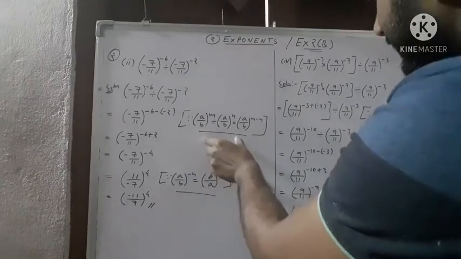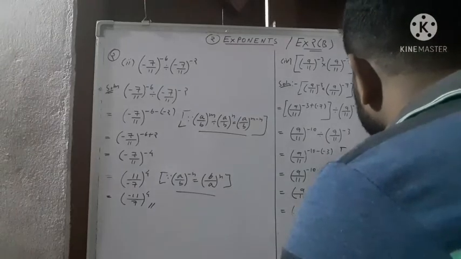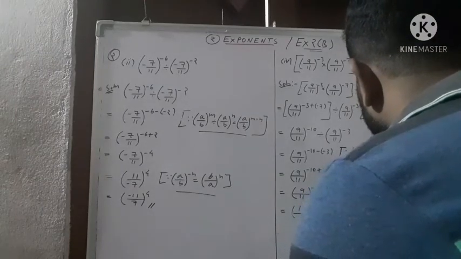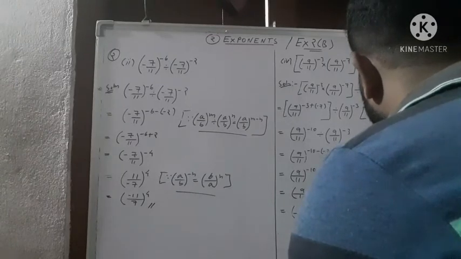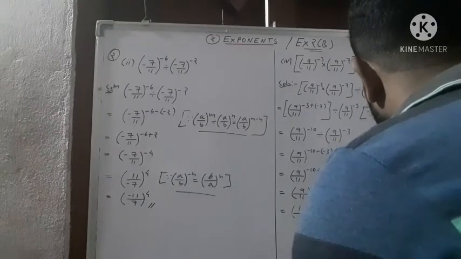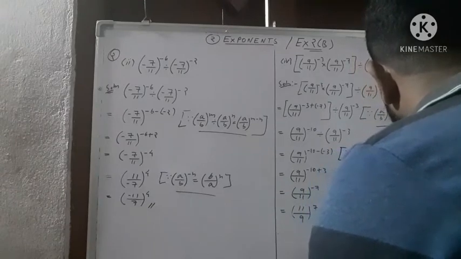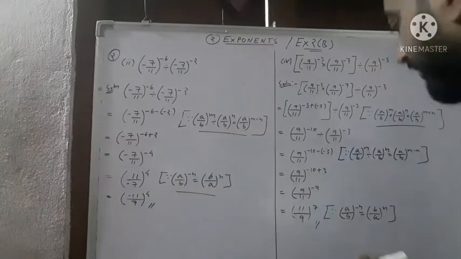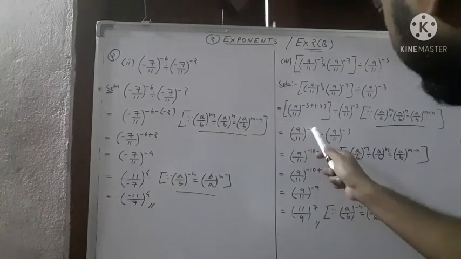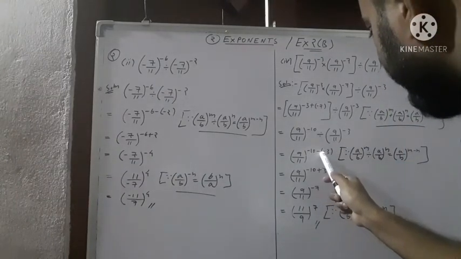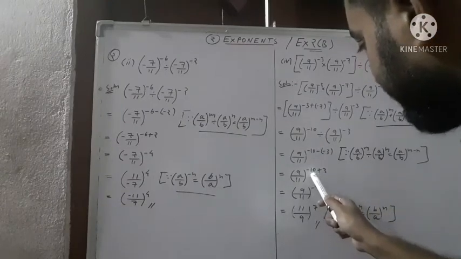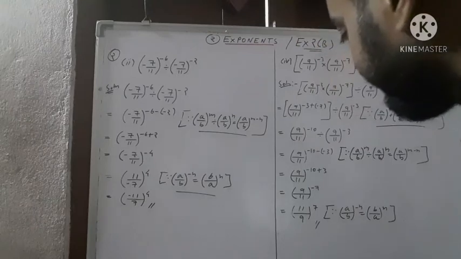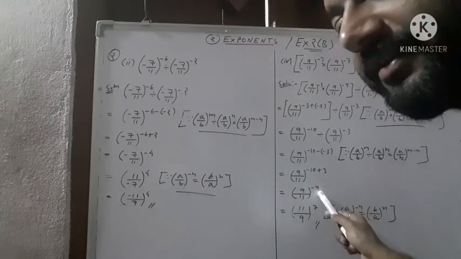We will be using this law: a by b whole power m divided by a by b whole power n equals a by b whole power m minus n. So we subtract the powers, that is minus 10 minus minus 3. Minus minus becomes plus, so it becomes minus 10 plus 3, which is minus 7.